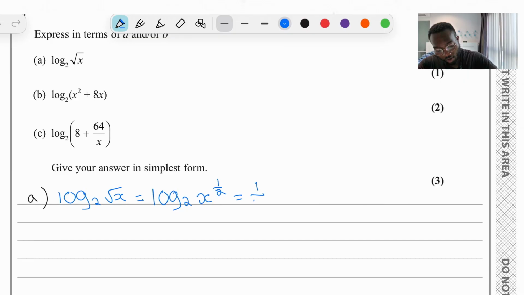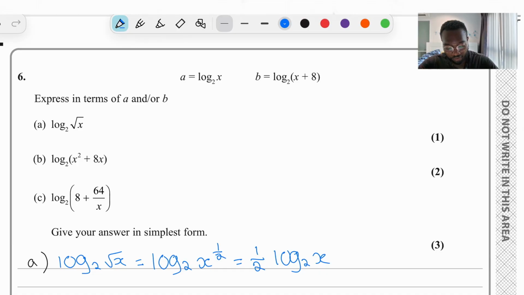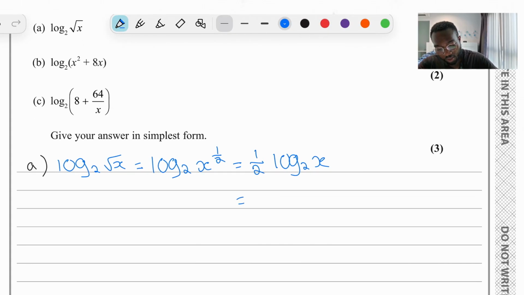So it's a half of log base 2 of x, and log base 2 of x is equal to a. Therefore, we just get a half a. So that's the first one done.